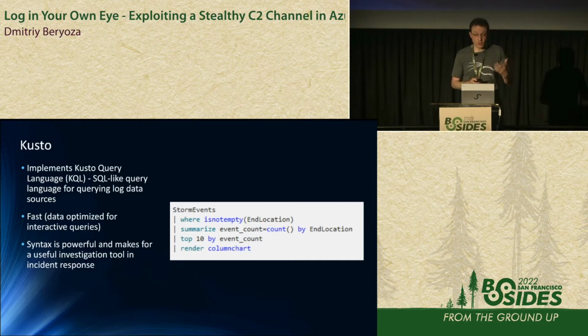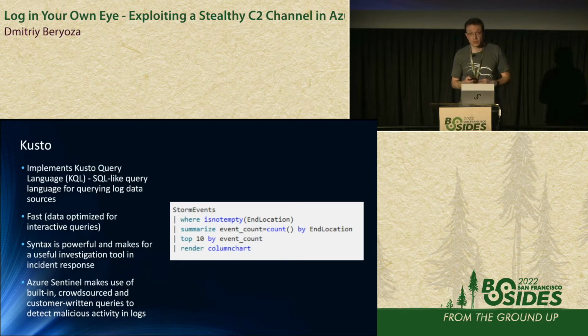And that's very important in incident response, because you can almost write queries and execute them at the speed of thought. You don't have to write a query and then wait for it to complete. So that's really important when you're trying to track down a specific incident, a breach of some kind. And these queries are used in different areas of Azure.